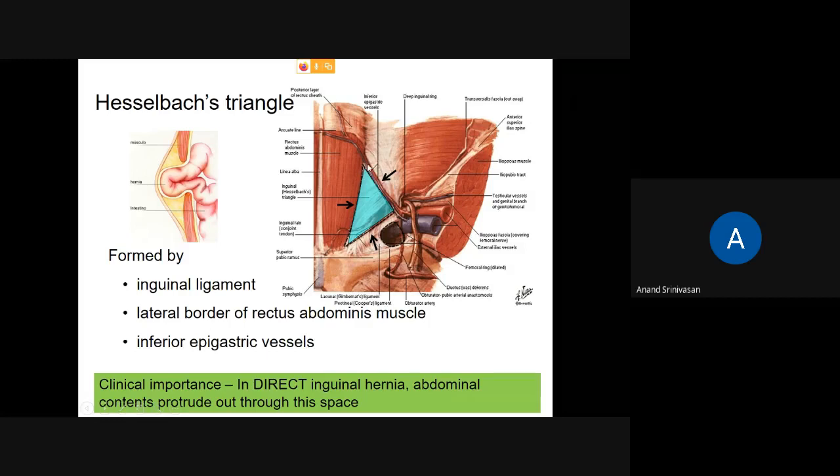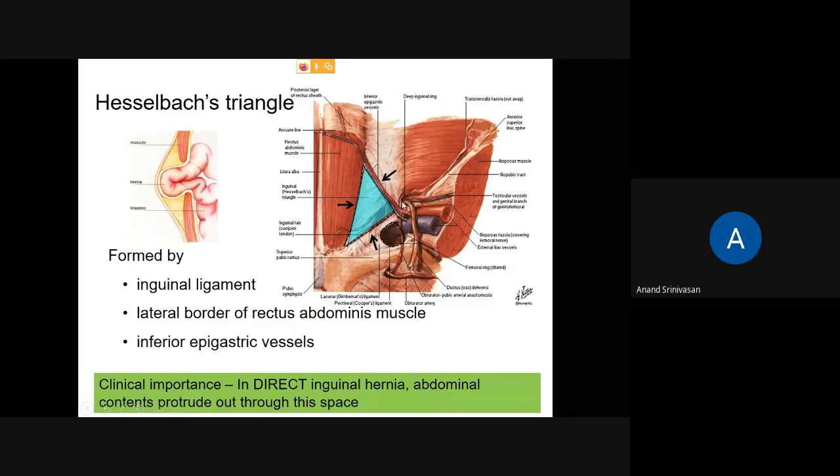The inferior epigastric artery forms an important landmark. The deep inguinal ring is lateral to the inferior epigastric artery.